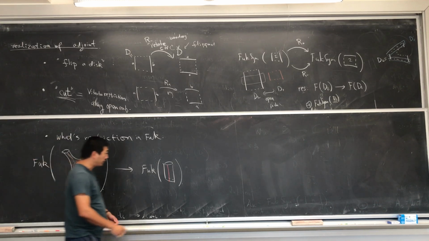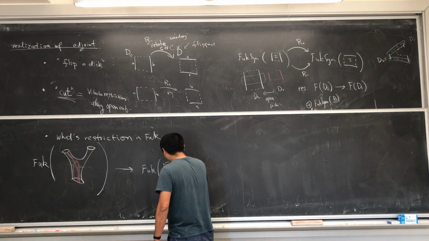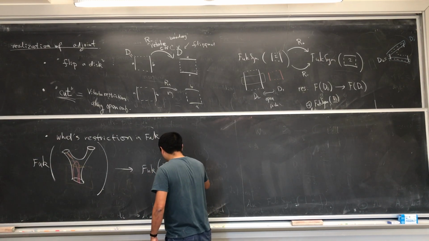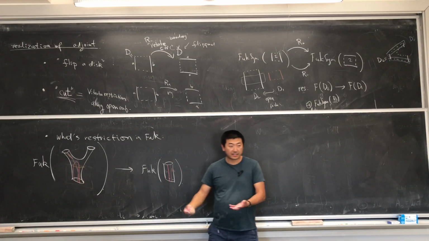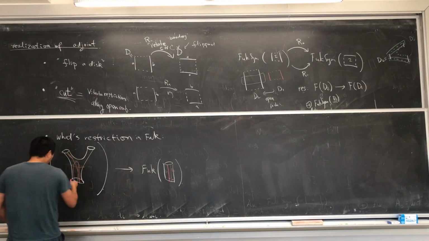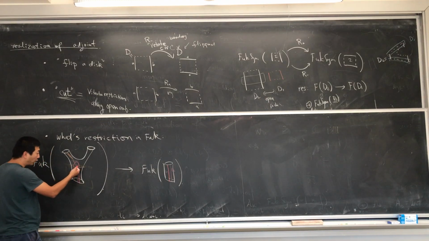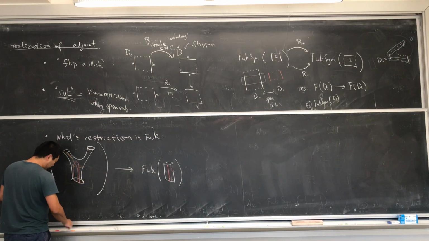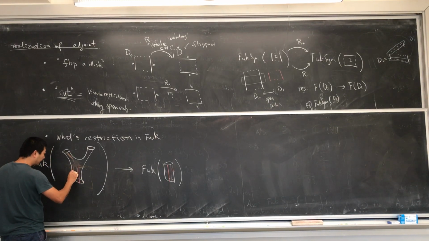Then naively you would say the Lagrangian you end up with will be L1 plus L2 if you just take the geometric Lagrangian coming from that. But actually this Lagrangian can be deformed into the Lagrangian that's totally contained in here.